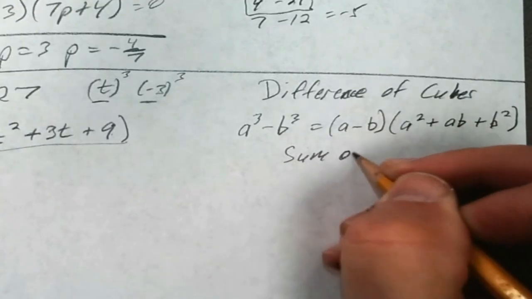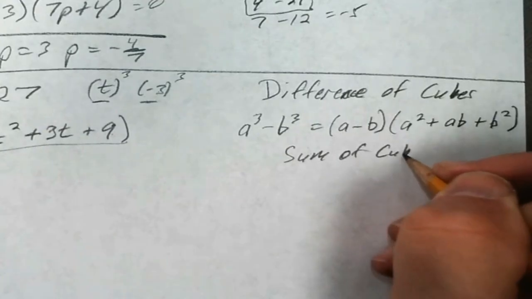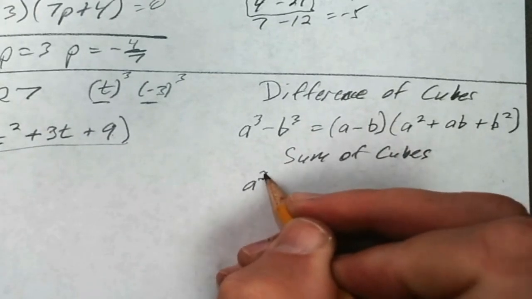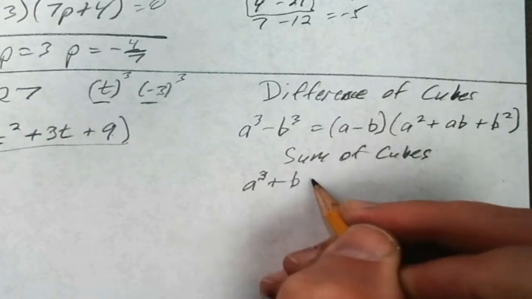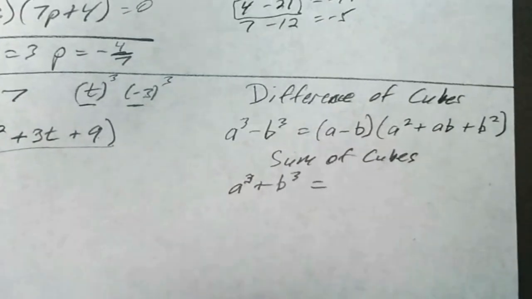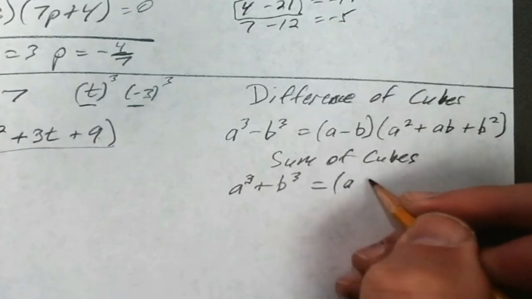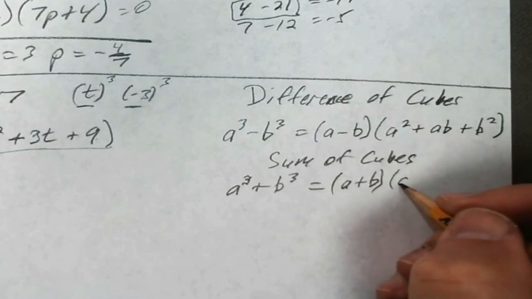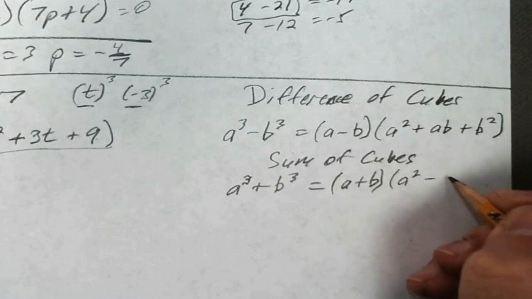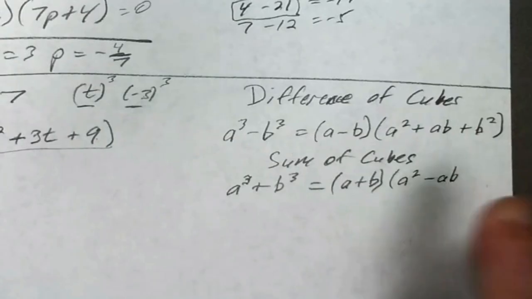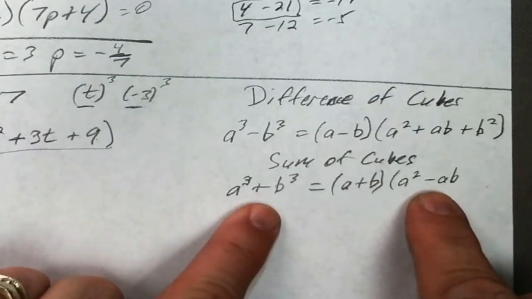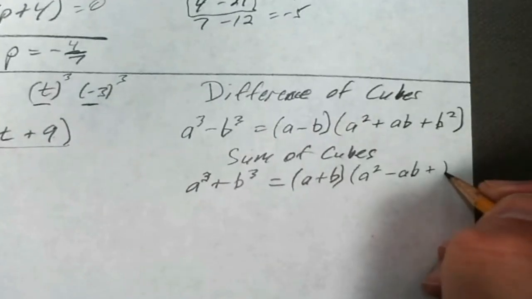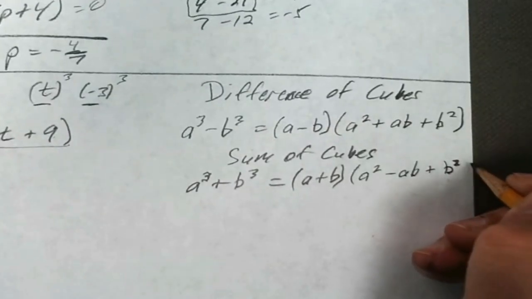Likewise, the sum of cubes is when you have a to the third plus b to the third. So that would be a plus b times a squared minus ab, because they said the middle term is always the opposite of the original, plus b squared.